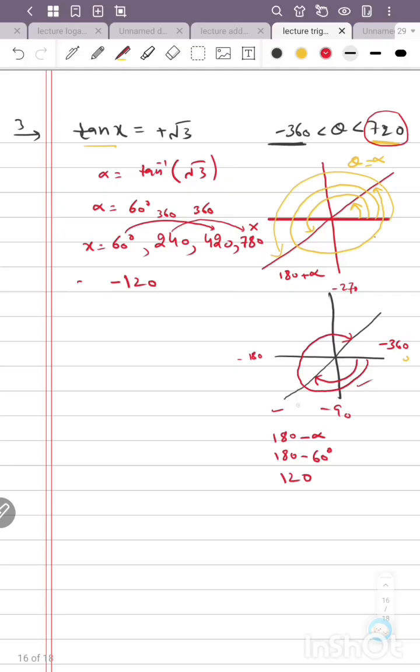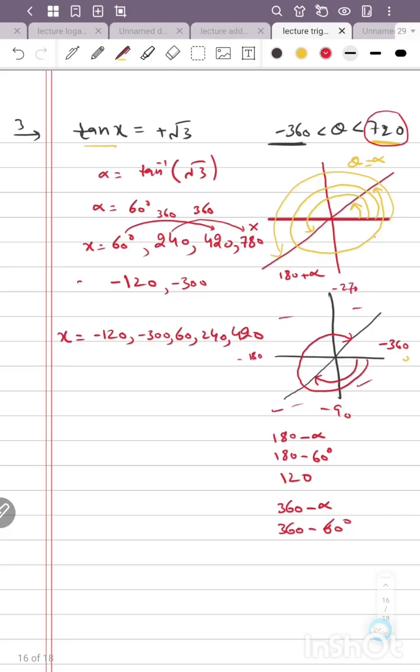This one is first, second, third, fourth. For the fourth quadrant we write 360 minus alpha, so 360 minus 60 degrees, and here the answer is minus 300. So we write our answer in this form: minus 120, minus 300, 60, 240, and 420.